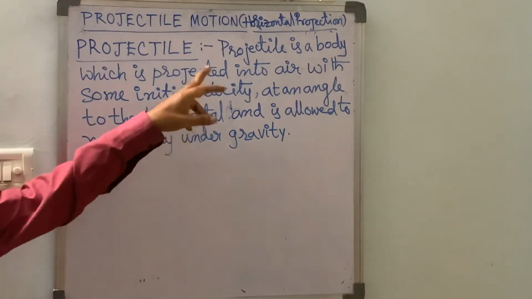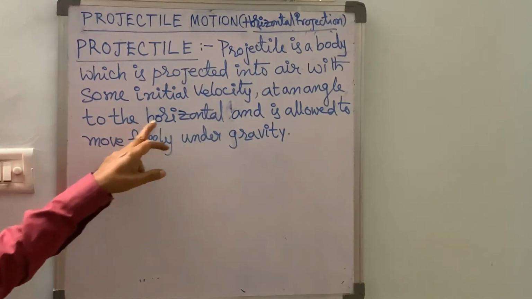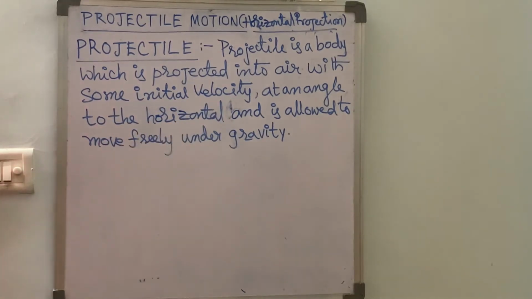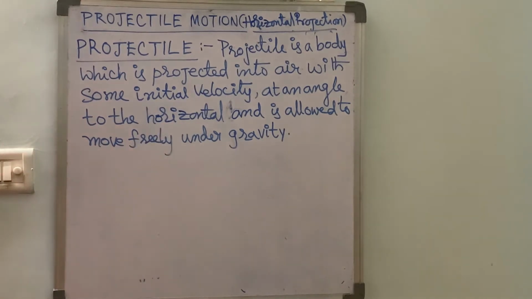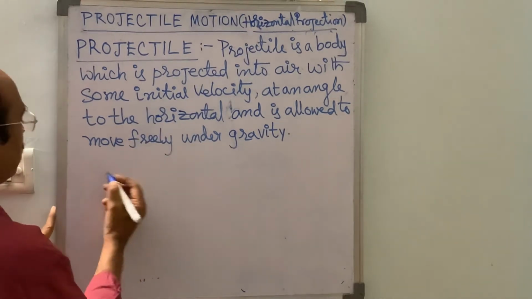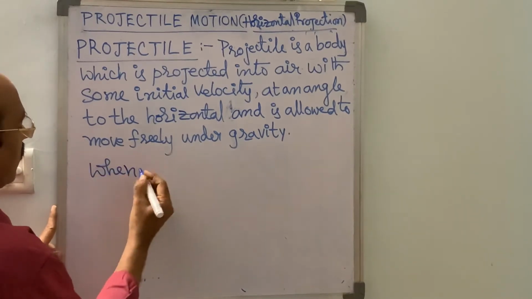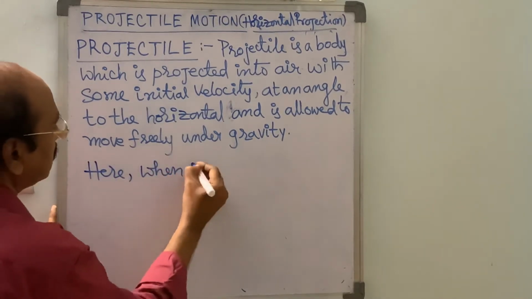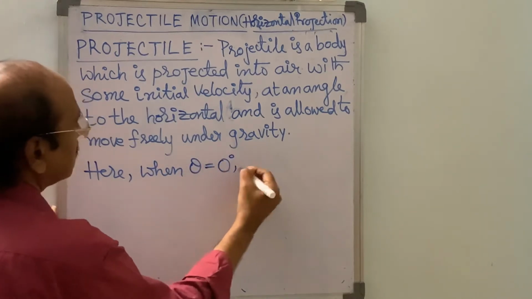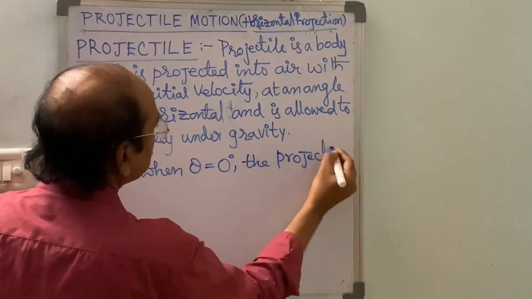So if the angle to the horizontal is other than 90, then it is called an oblique projectile, or when theta is equal to 0, then it is horizontal projection. When theta equal to 0 degrees, the projection is known as horizontal projection.